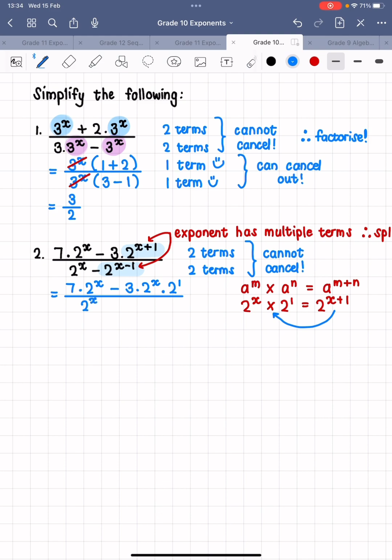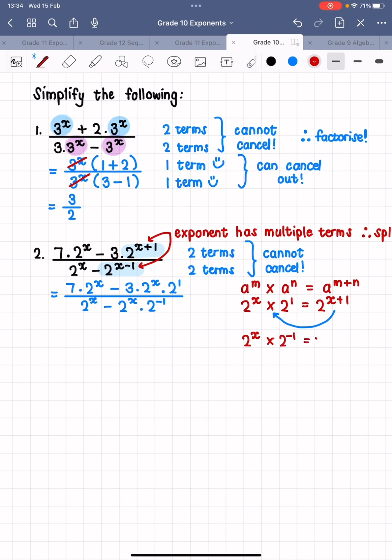The first term is fine, 2 to the x. Now the second one, the second base of 2, I'm going to split that exponent up. So I'm going to say 2 to the power of x times. Now I know that usually when we have a subtraction, we think that we're dividing. But it's also the same, guys, as if when you do this kind of thing. 2 to the x times 2 to the negative 1. If we just do that on the side, 2 to the x times 2 to the negative 1.